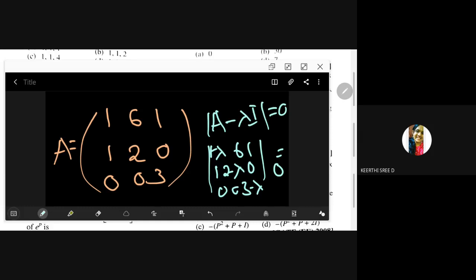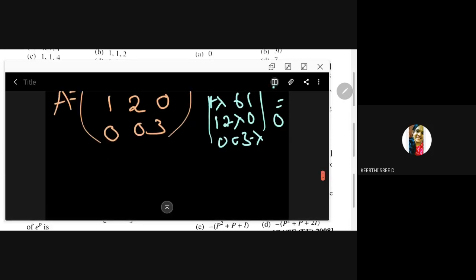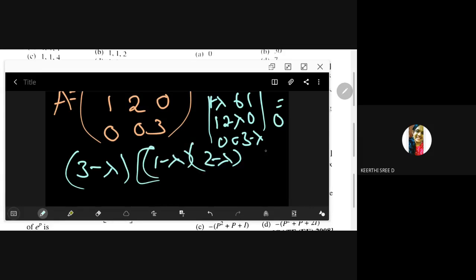So this is 3 minus lambda into 1 minus lambda into 2 minus lambda, minus 6 must be equal to 0. You need not expand also, actually.